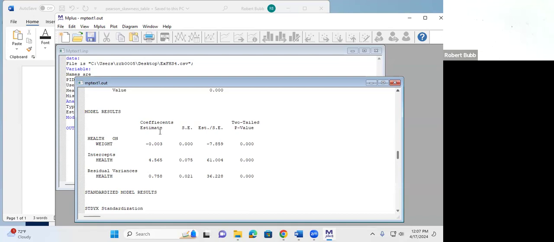That looks weird. Is that right? Okay, I don't know. All right, and so in this case, we have a slope coefficient of negative 0.003. Label that slope. Your intercept down here is your constant.